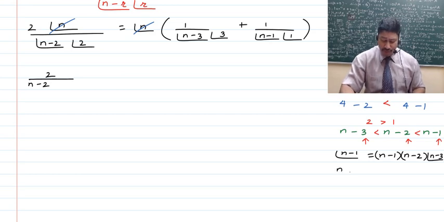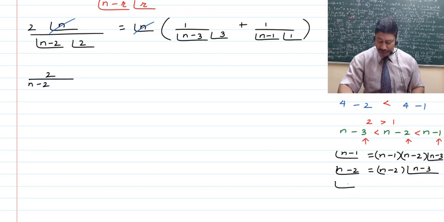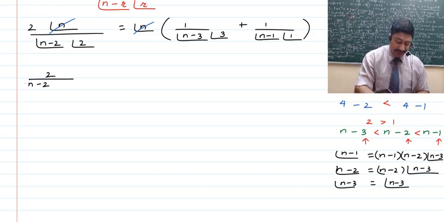Similarly, if we talk about factorial of n minus 2, then we can write it as n minus 2 times factorial of n minus 3. And factorial of n minus 3 we will keep as it is, that is factorial of n minus 3. As such, the common factors will get cancelled. Now n minus 2 is going to be multiplied with factorial of n minus 3.